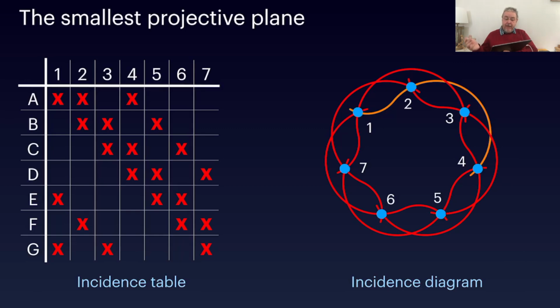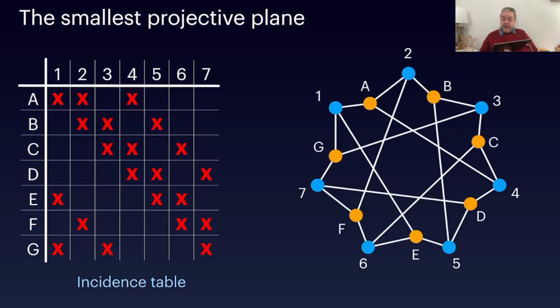But what happens if we say, well, these are just two similar objects? So we make a structure where the points are represented by dots and the lines are represented by dots as well. And we indicate an incidence by simply drawing an edge between points and lines.